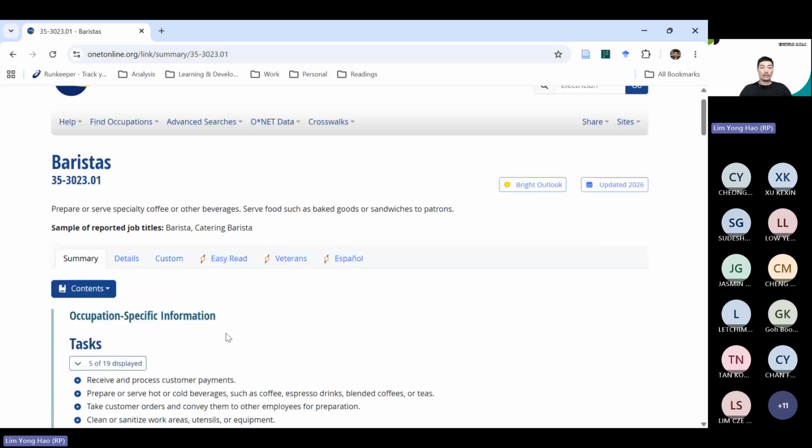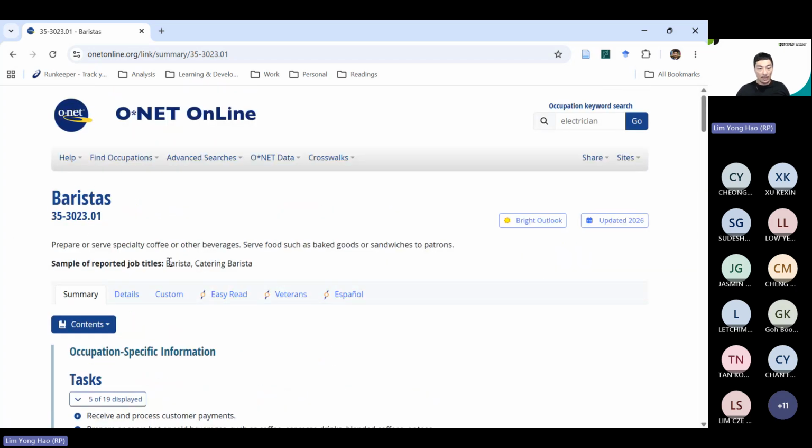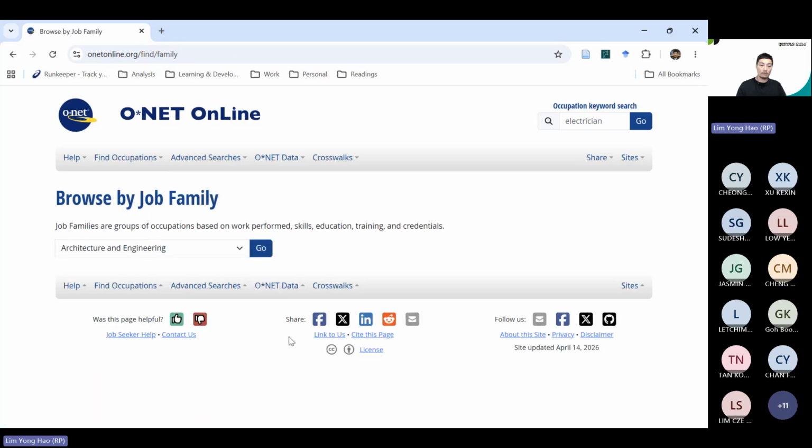Of course, in the Singapore context we also have similar resources, but not as user friendly. There are also certain industries that are being put in the spotlight. But in O*NET, these are information you can look at by job family, if you are interested. If you are early on, you look at healthcare.